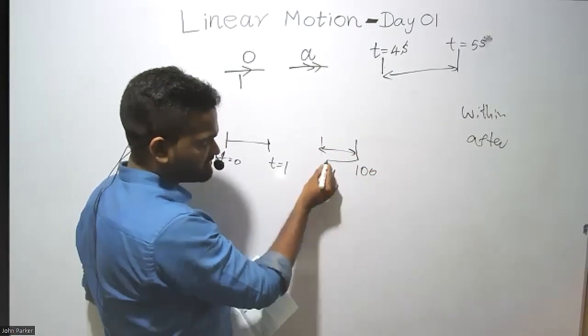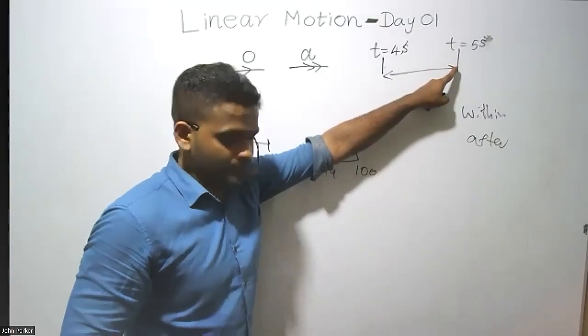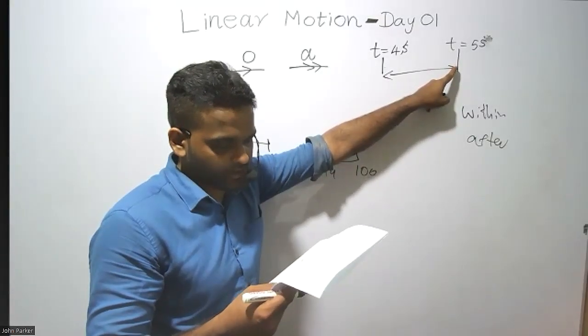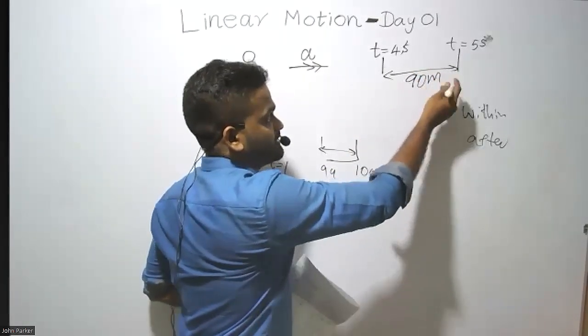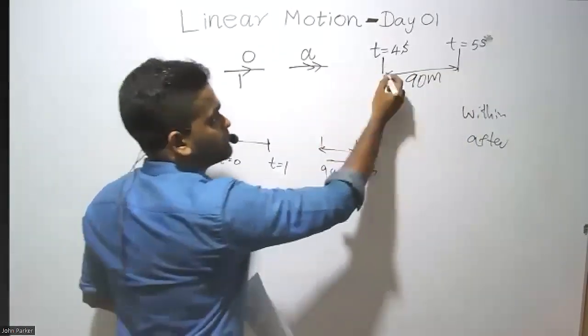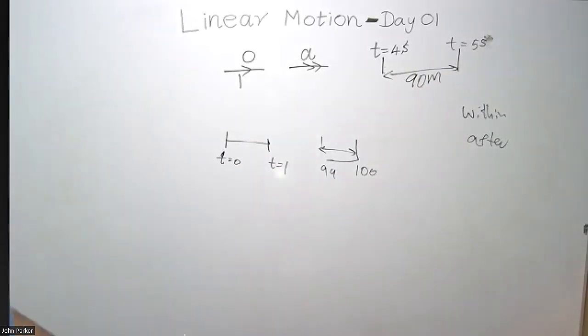So within 100 means this one. So within the 5th second, in the question, it says he moves a distance of 90 meters. So this distance is 90 meters, not the distance from here to here. Within this second, it is 90 meters. That's what it means.